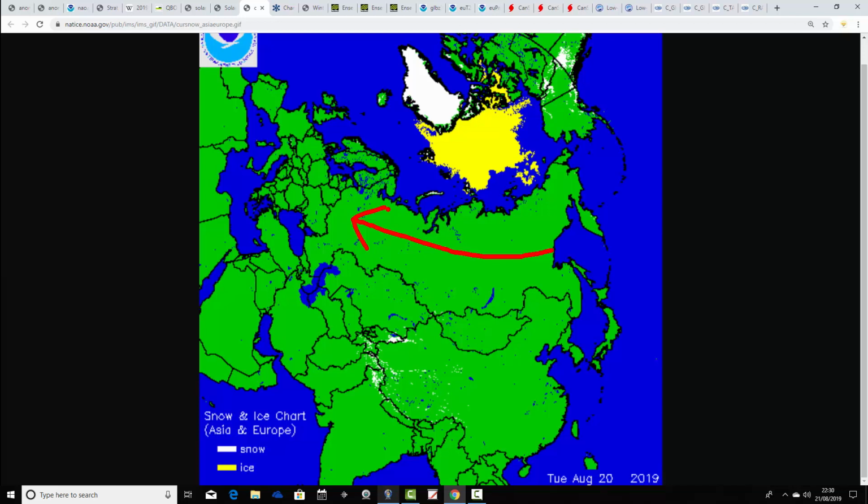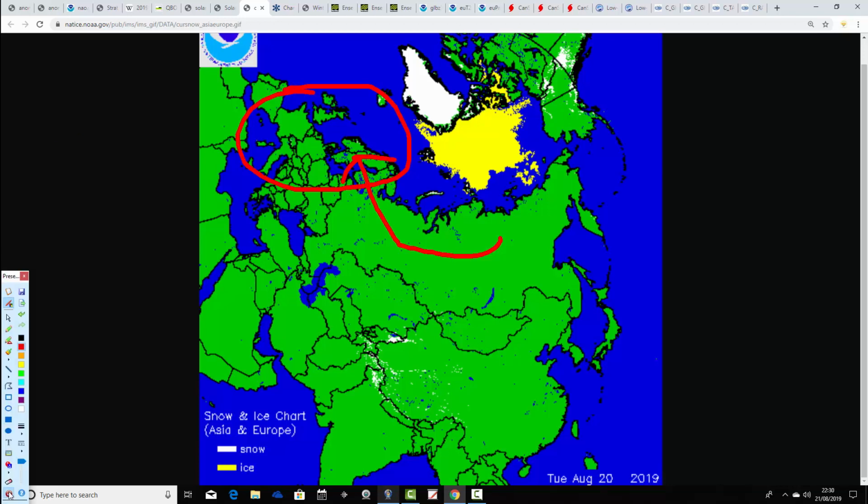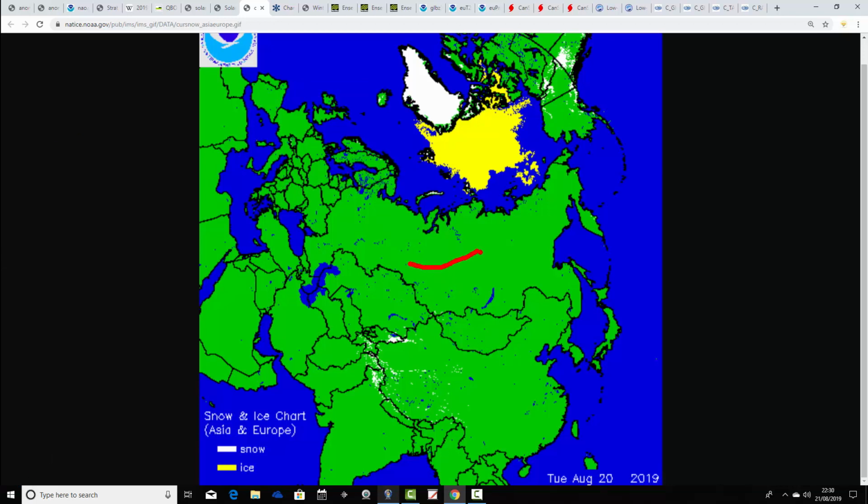Now, an enhanced, a stronger than normal Siberian high can be a blessing or a curse depending on your point of view. If the Siberian high builds out of Russia and goes in that direction, then it can deliver very, very cold weather, cold air to Europe. Sometimes, though, the Siberian high will go that way and head down into Canada, North America.